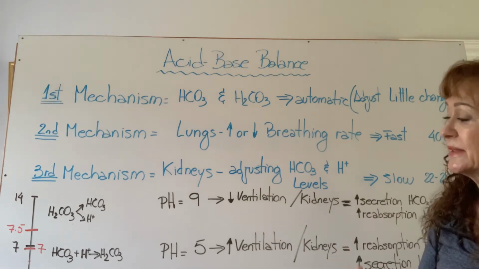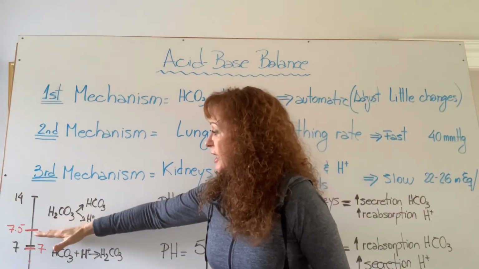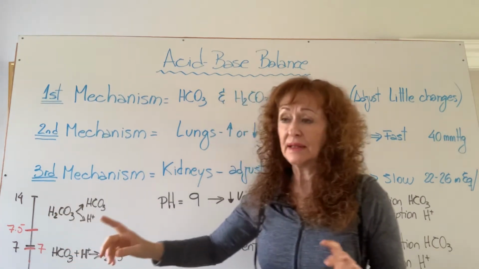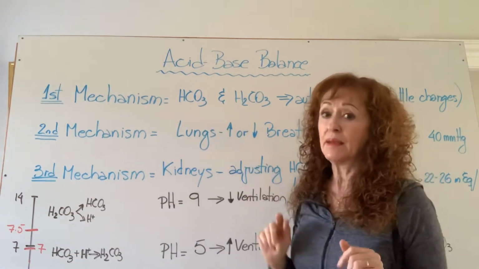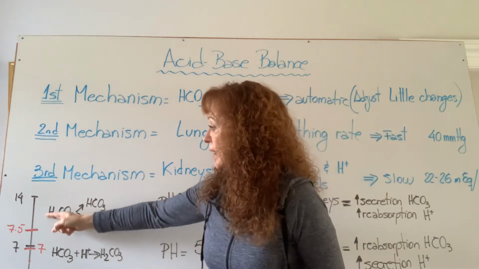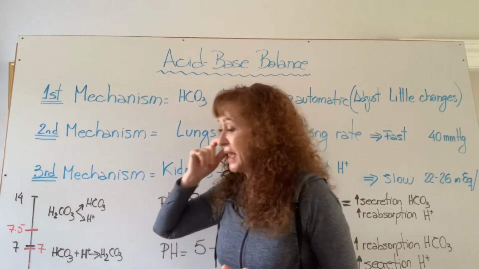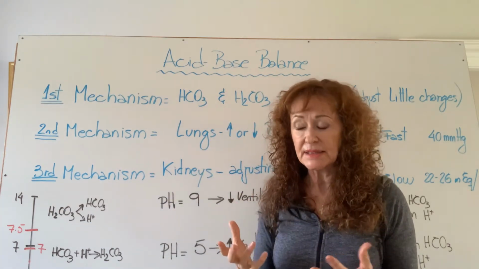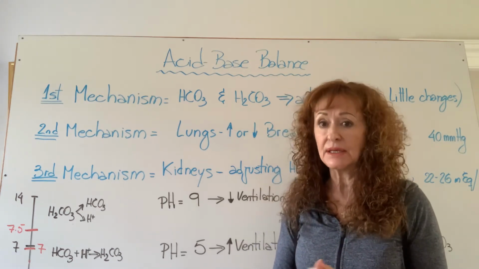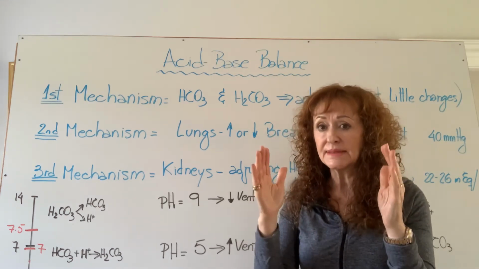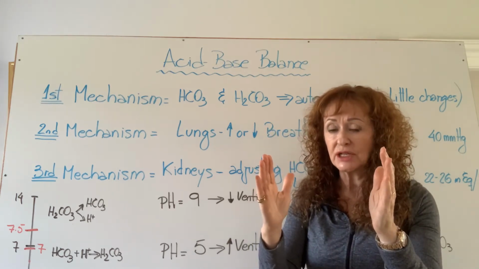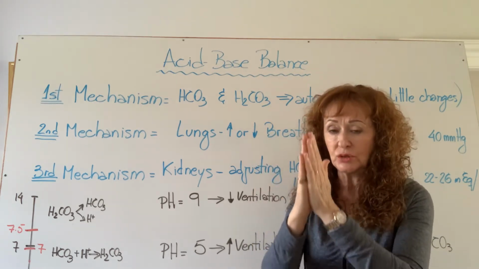So let's pretend that the pH increases really above the level that these two molecules are capable of adjusting. Now, in this scenario, when the pH of the blood increases, the levels of carbon dioxide decrease. Remember that they are always parallel. Carbon dioxide and hydrogen levels are always back to back.